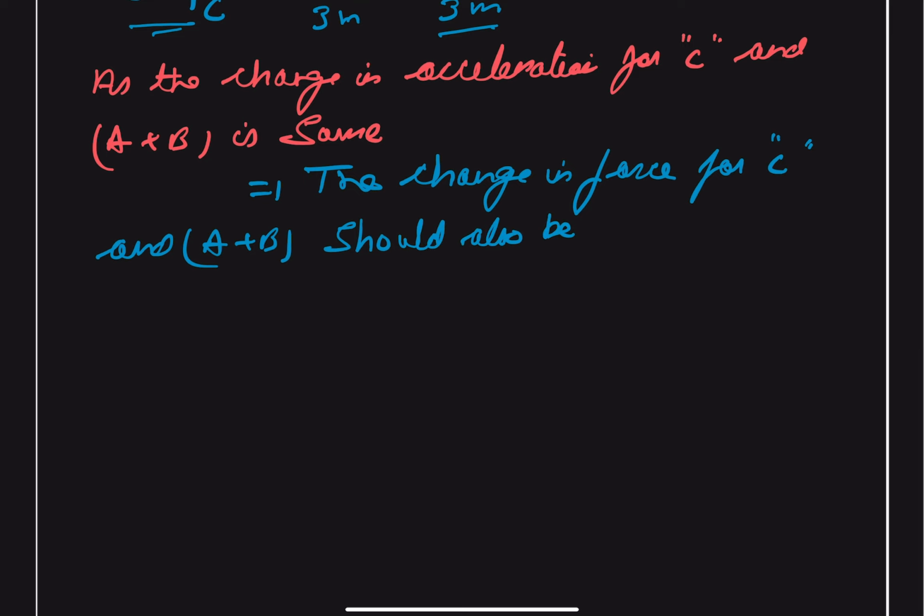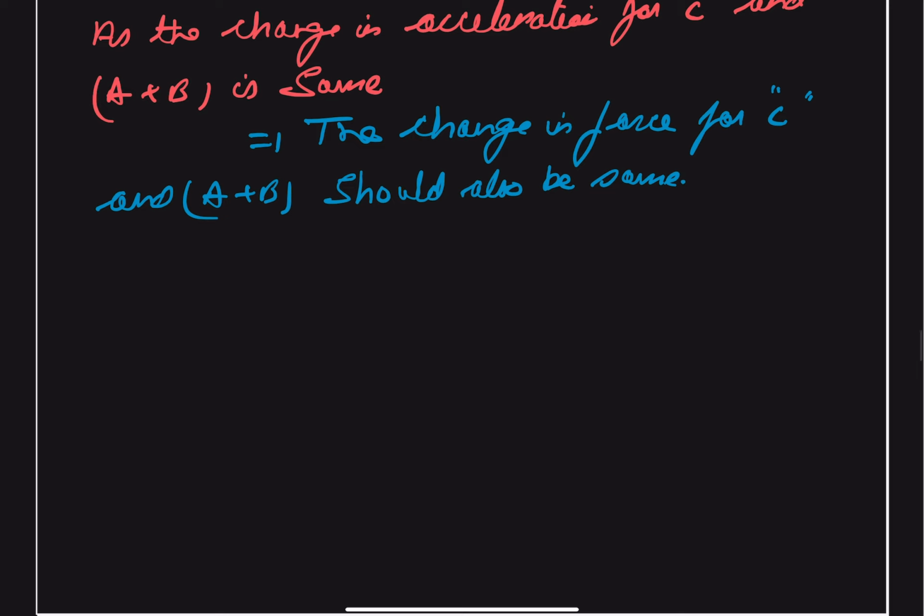So therefore, from here we can write that delta F for A plus B will be equal to delta F for C. We substitute the value: delta A upon MA plus M is equal to delta A upon 3 times M. Now it is quite simple.